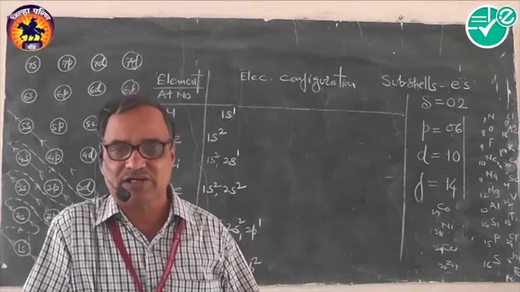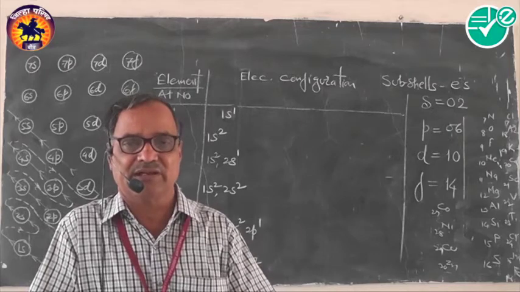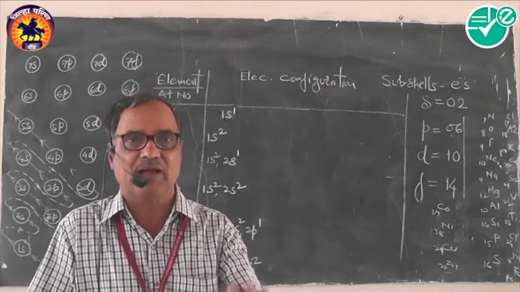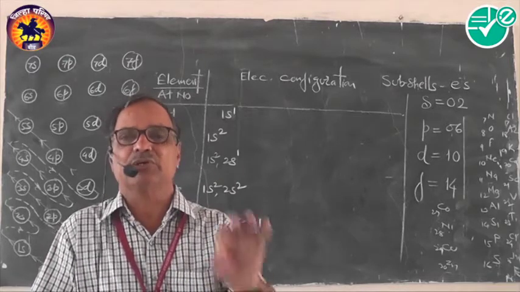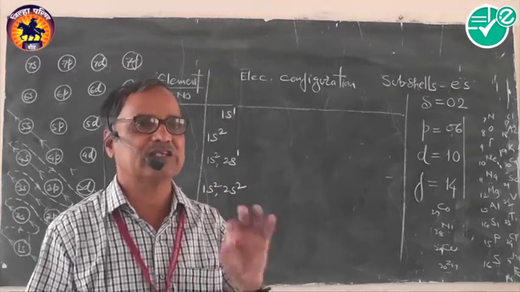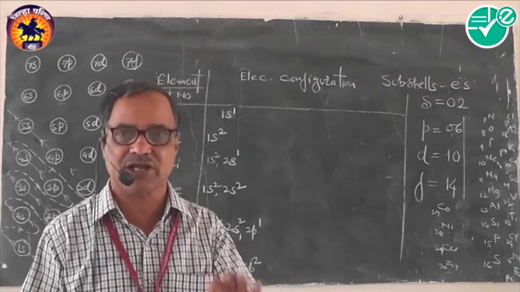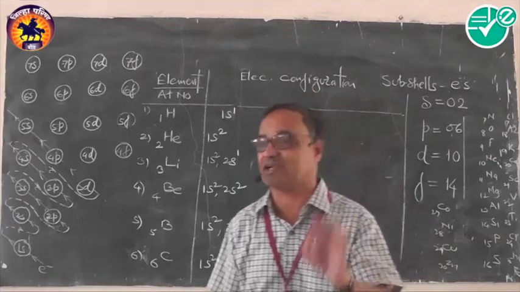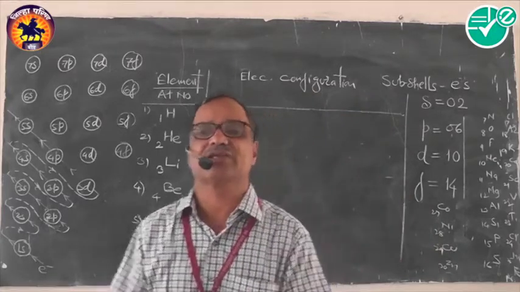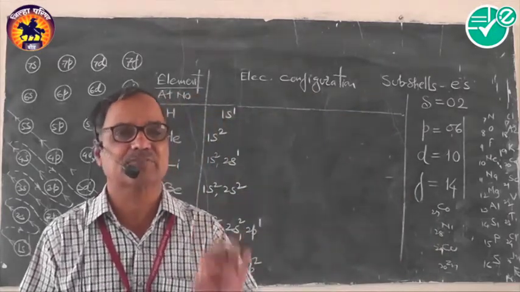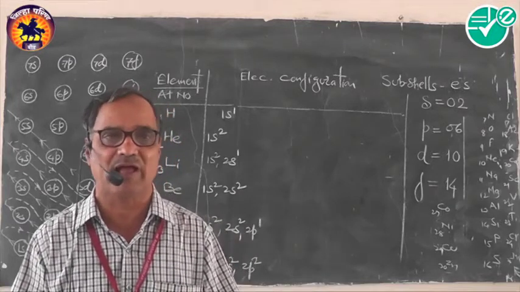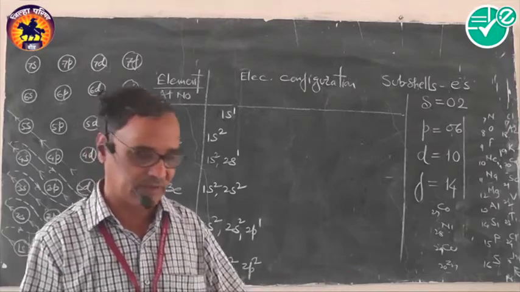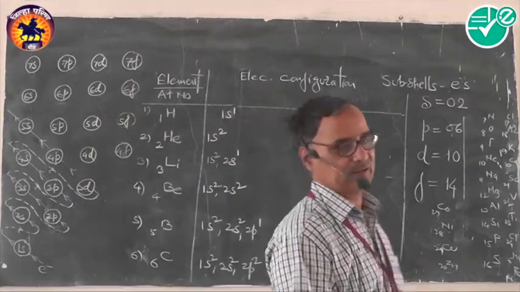In simple words, the p sub-energy level contains 3 orbitals, called px, py and pz. Each contains 2 electrons. It means the p sub-energy level accommodates a maximum of 6 electrons. So this is all about the p subshell.